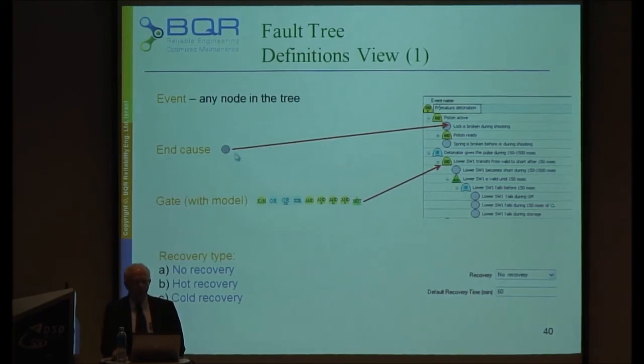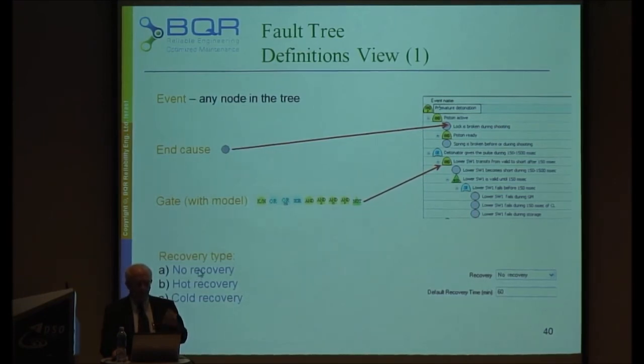Okay, so here is what we see in the fault tree. We have an end cause. This means it's really a failure mode of a component that happened, and it cannot be created from another component. And this can be one of the gates, K out of N, OR, and so on, that is a combination of the failures. Now you also have two types of recovery.